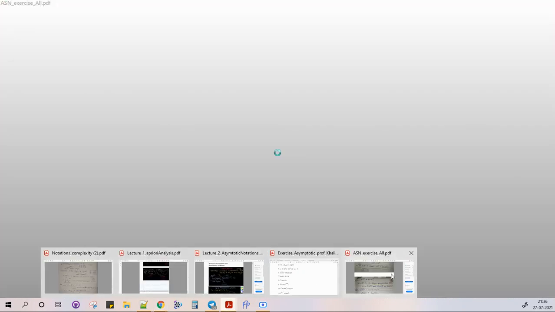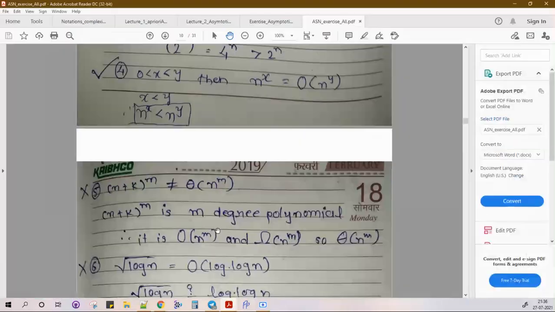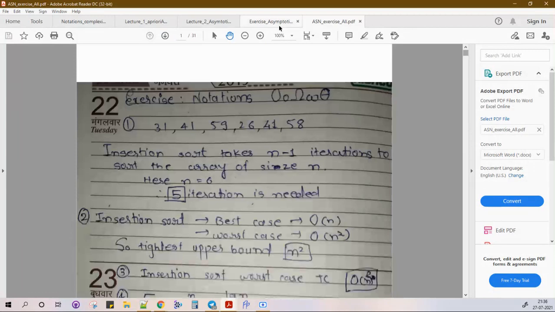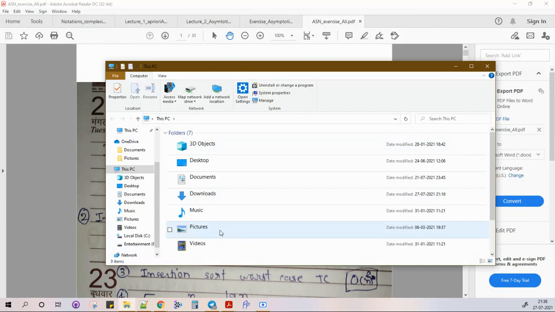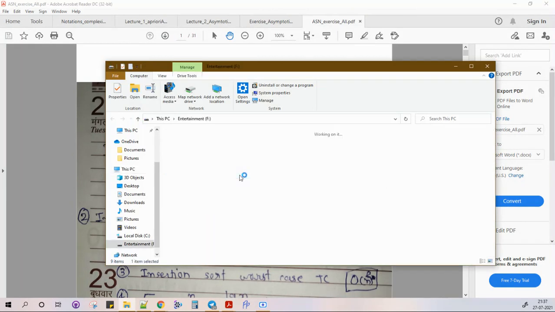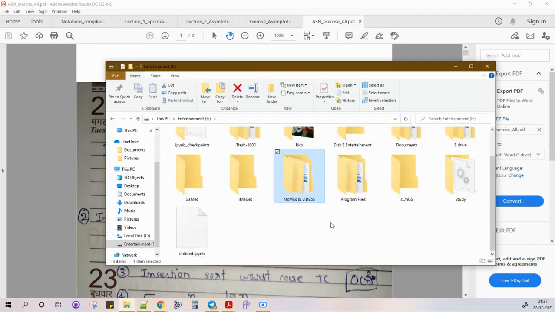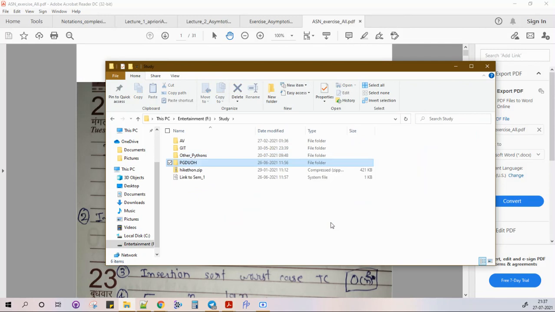I guess I have the answers. Have I opened it? Calculus exercise, no? One second. Sorry. I was going through these notations and everything.